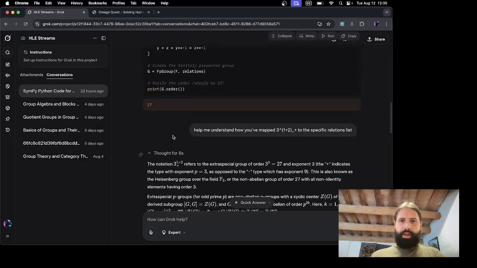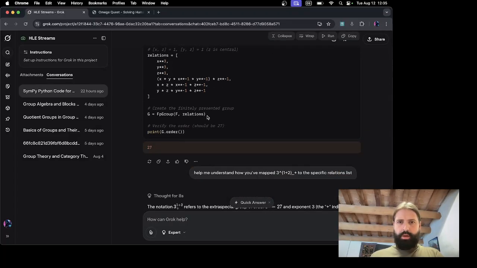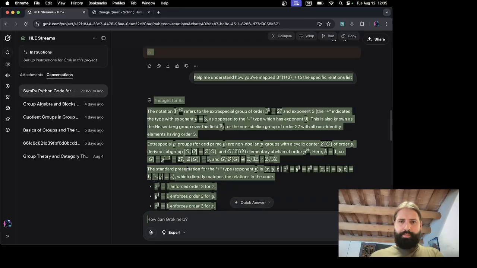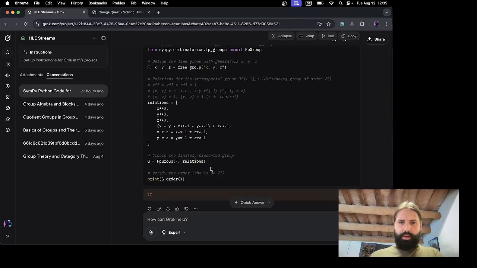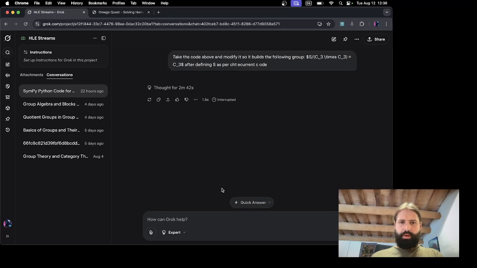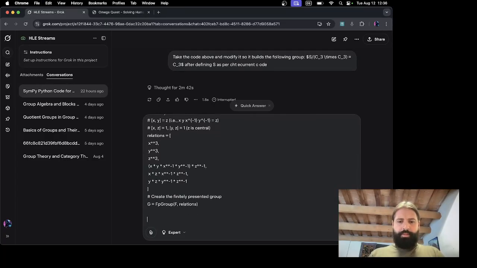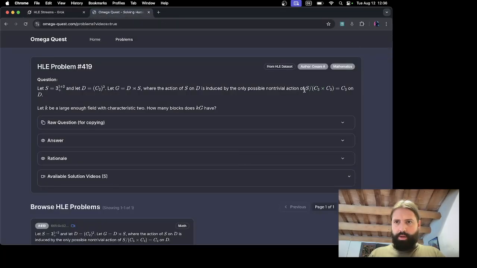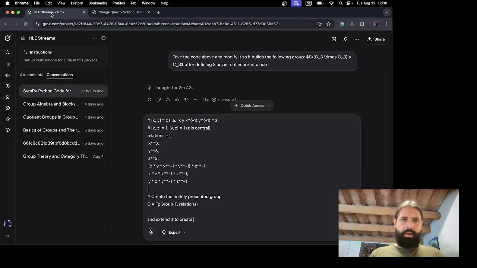I want to take this code, so from this code, I want to take that code, take this code, and basically extend it to build to create, using SymPy.